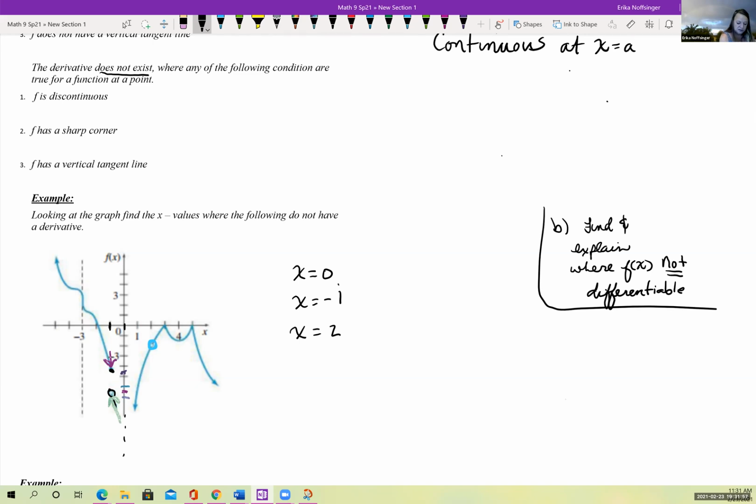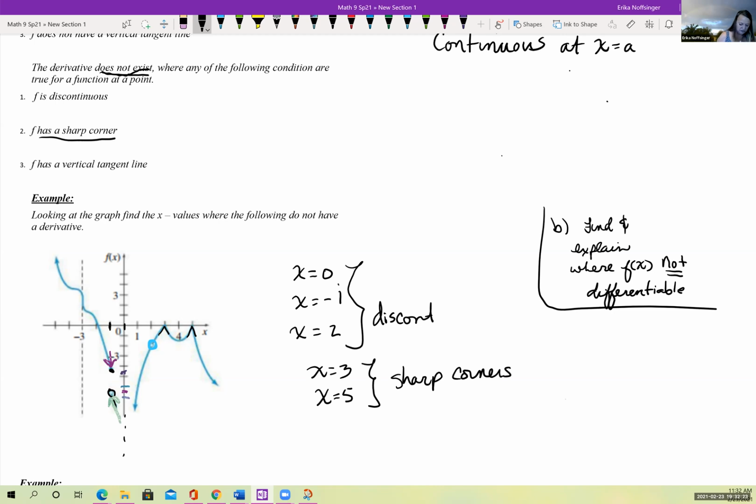It's also not differentiable at sharp corners. You guys had found those and said x equals 3 and x equals 5. Those were sharp corners. And then there was one other one, which had a vertical tangent line, and in this case, x equals negative 3.